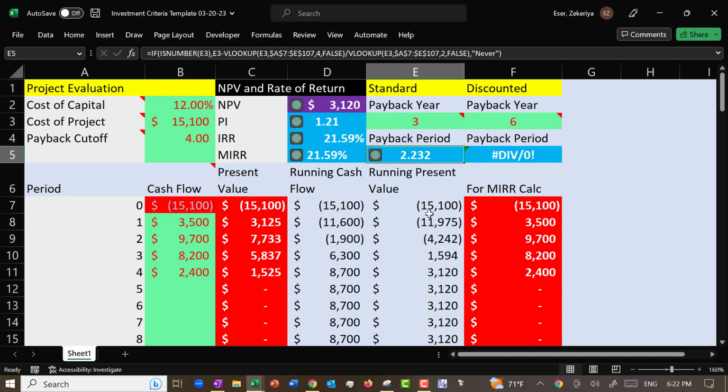If the cutoff is 4 years, project would be acceptable. If the cutoff is 2 years, you get a red light. Project is not acceptable. Project is acceptable only if payback period is below the cutoff. But for this problem, we just need the number 2.23.